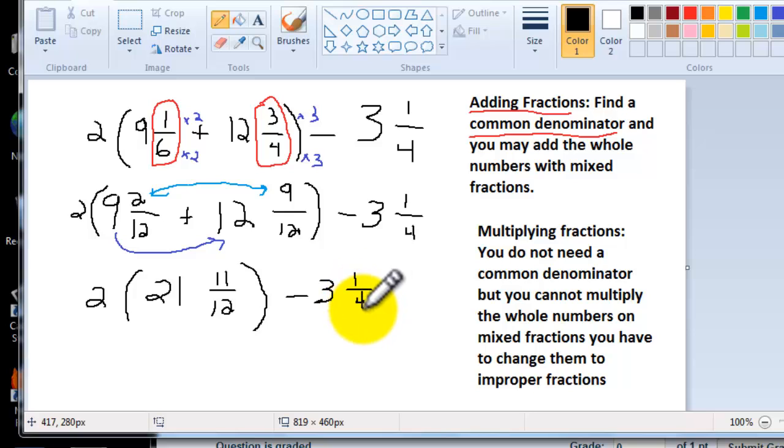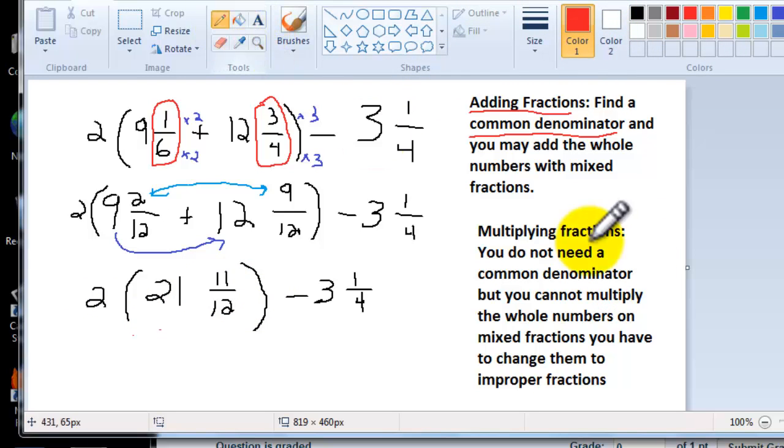Now the next thing we do is not subtract, but we have to multiply 2 times what's inside the parentheses. And here's the funny part. When you're multiplying, you cannot multiply the 2 times this whole number and then multiply the 2 times the fraction. It doesn't work that way. You have to change this 21 and 11/12 to an improper fraction.